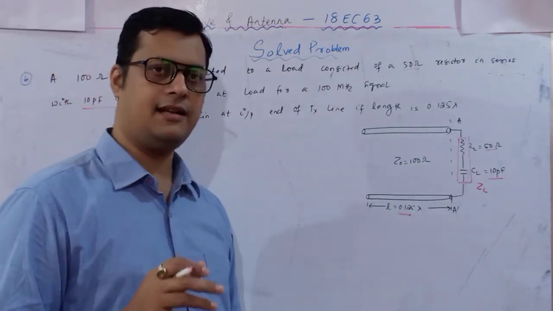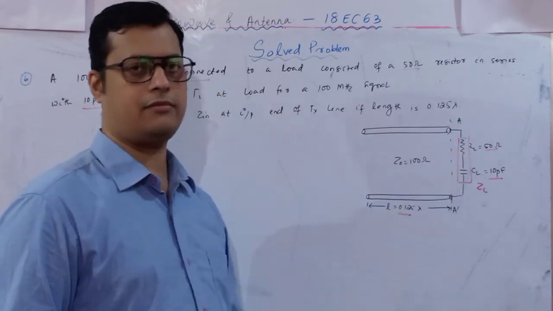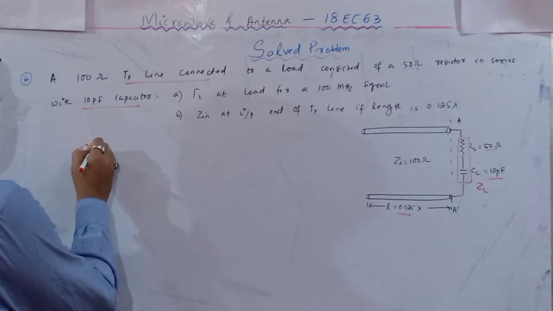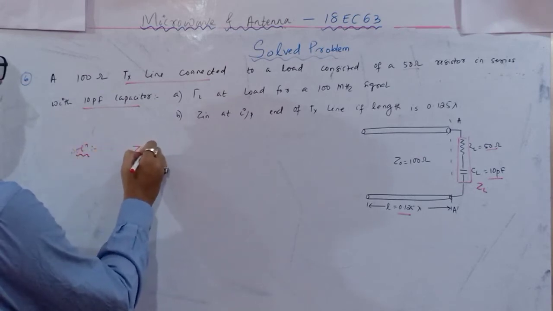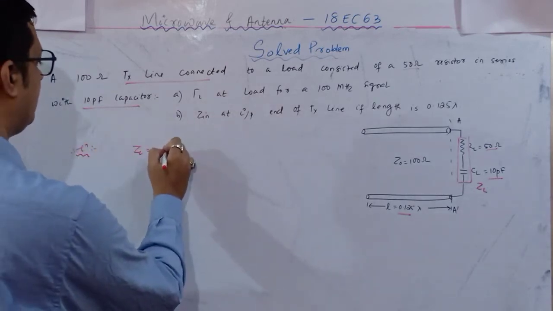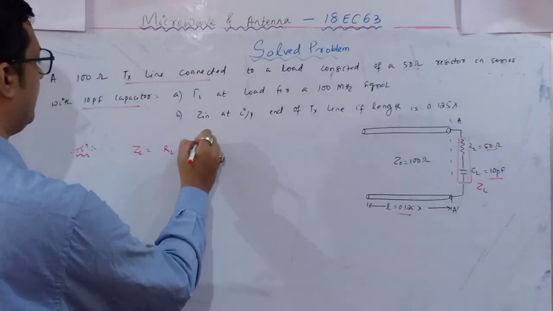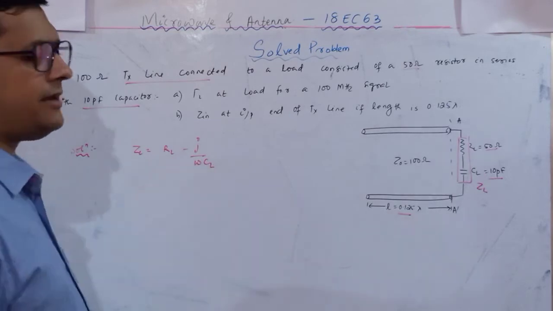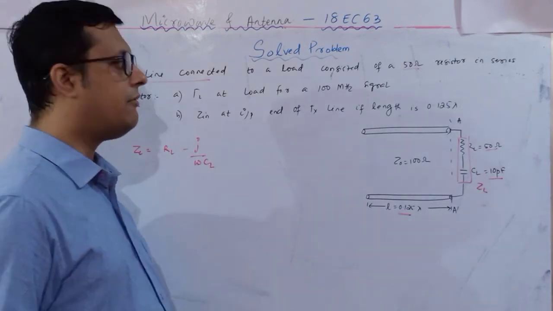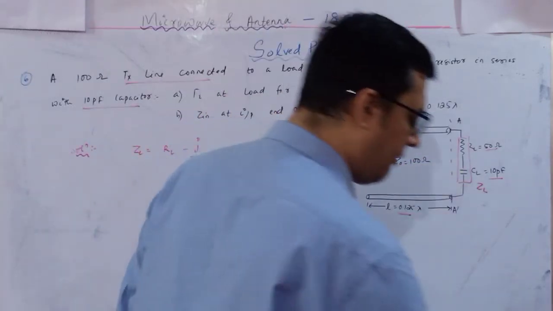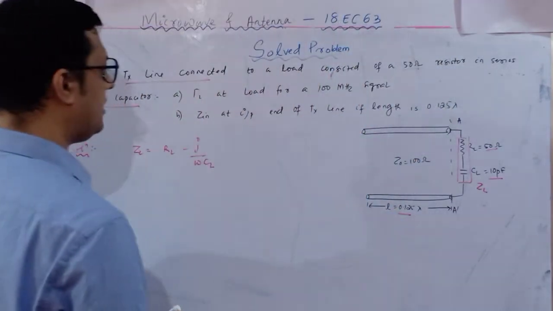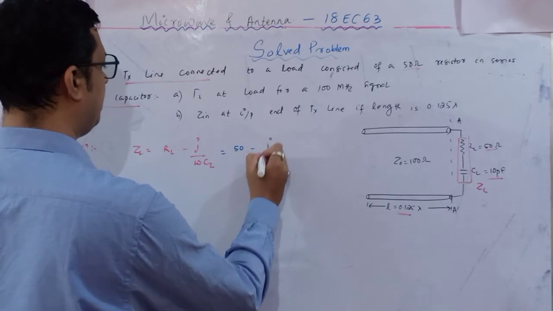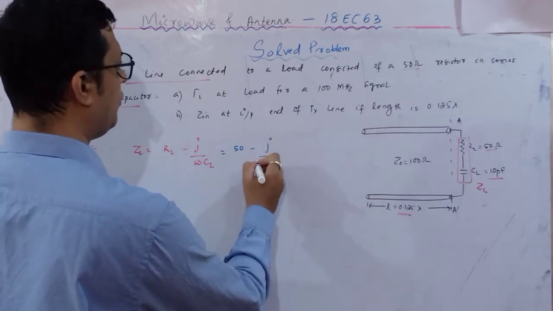So what is ZL? ZL we have to calculate with the help of this relation. ZL is equal to RL minus j divided by omega CL. This is the basic relation for the series combination of R and C. So Z L is 50 minus j divided by omega.